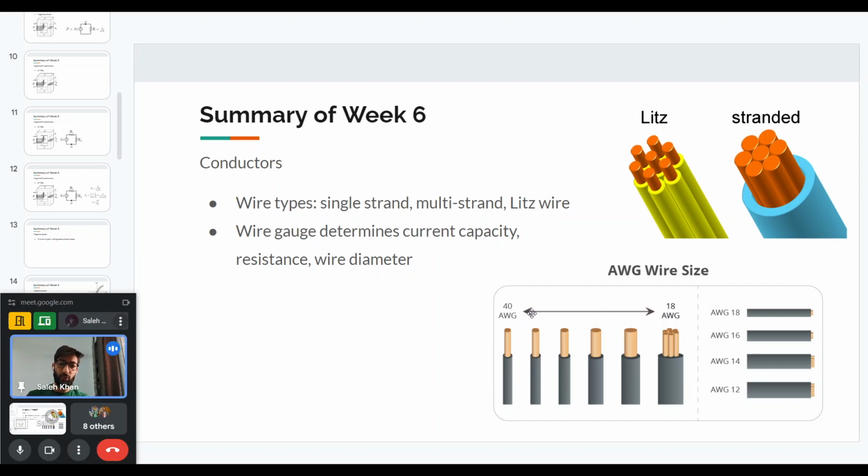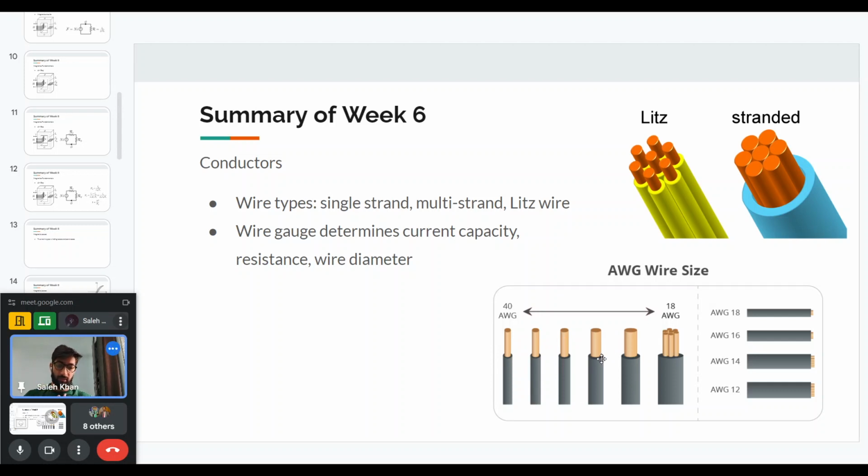As we reduce the AWG, the wires become thicker, and that means the current carrying capacity will increase, the diameter of the wire will increase, the area of cross section will increase, and therefore the resistance per unit length will decrease. So depending on how much current you want to carry in your inductor, you will choose an AWG accordingly.